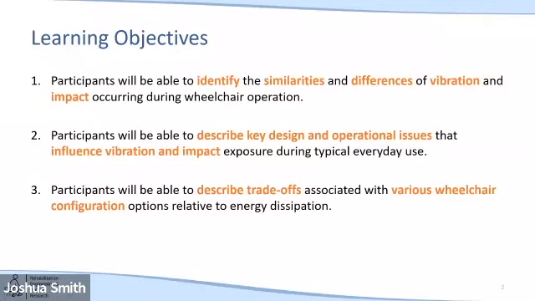And finally, the part y'all hate. What trade-offs, what compromises do you have to weigh as clinicians and prescribers to optimize the system according to the user and the user's context of use?